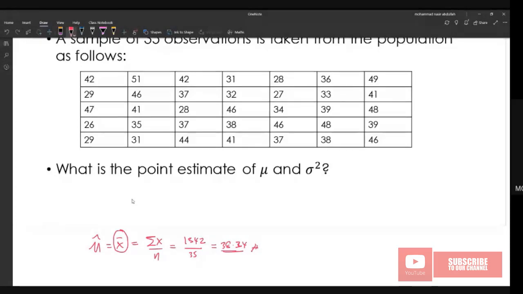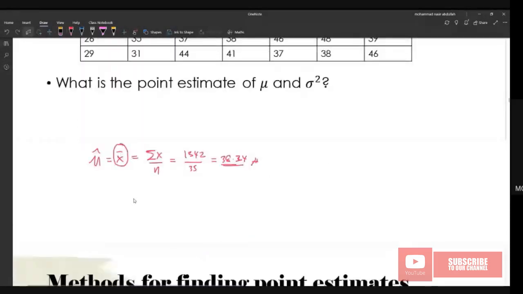Then sigma squared hat is equal to s squared, the sample variance, which is equal to 1 over n minus 1 times the summation of x squared minus the summation of x squared divided by n. This is the formula for sample variance.